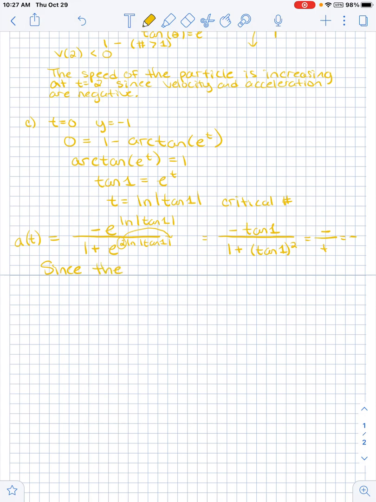Since the second derivative is negative at t equals the natural log of the tangent of 1, we know the function is concave down.